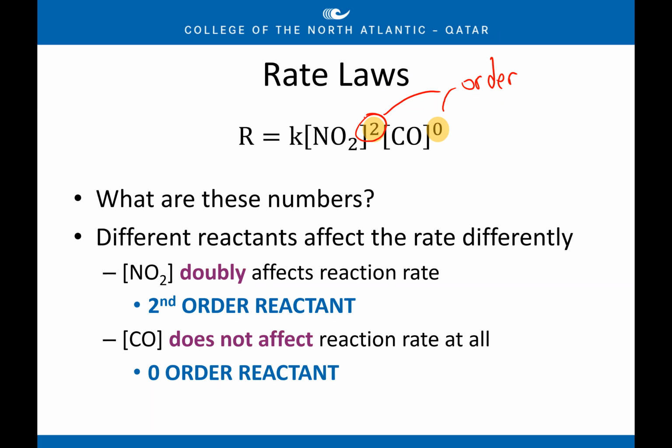And what that means mathematically, and again, we don't really need to get into this in 1121, but if you're curious, what it means is if I change the concentration, I would change the rate by a factor of 2 or an exponent of 2. So the word in English would be doubly. So actually what would happen is if I doubled the concentration, I would quadruple the rate.